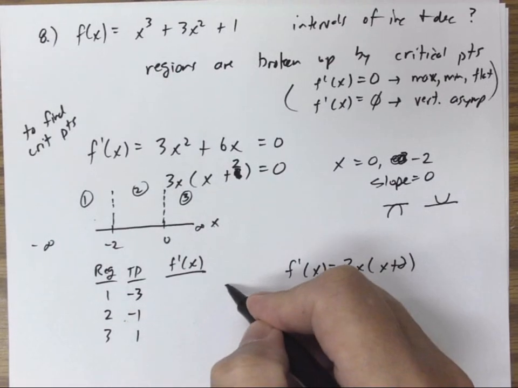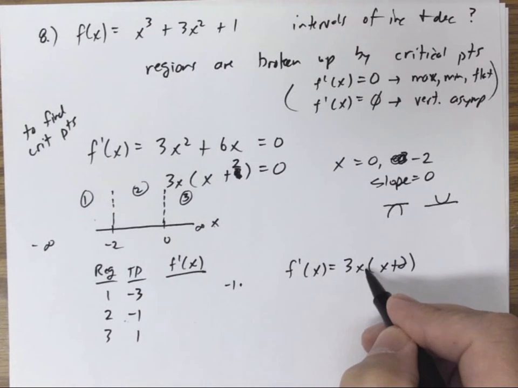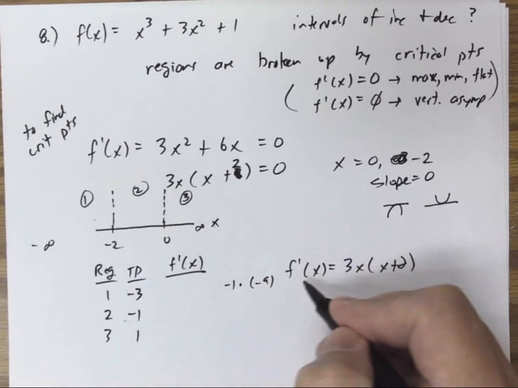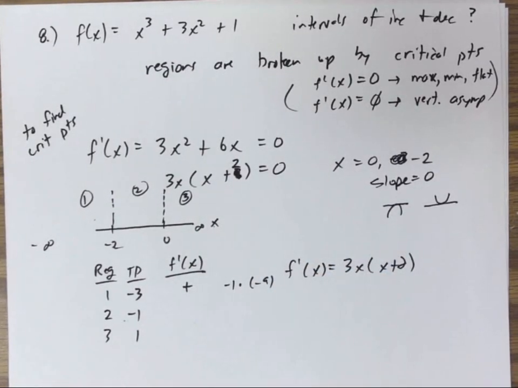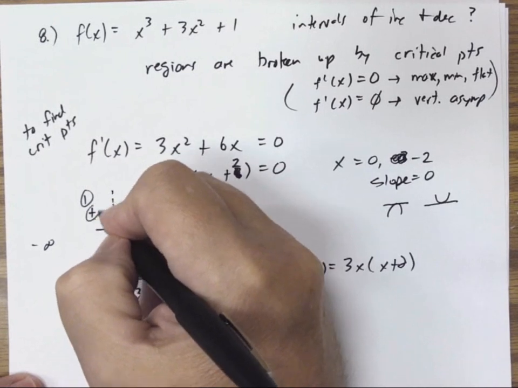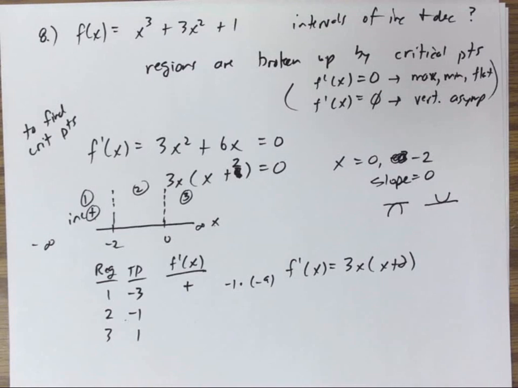Let me just say I get a -1 times 3 times -3 is -9. This ends up being a +9. I don't really care about the number. All I know is region 1 is a positive region, which means that's a region where the function is increasing or going up.